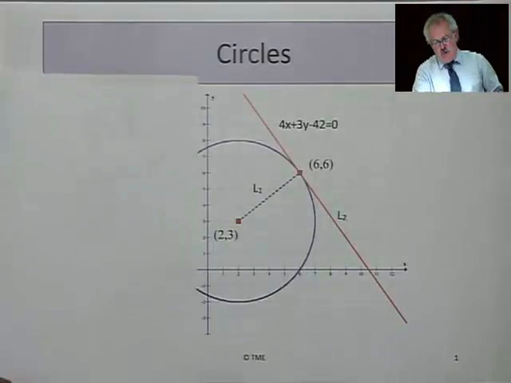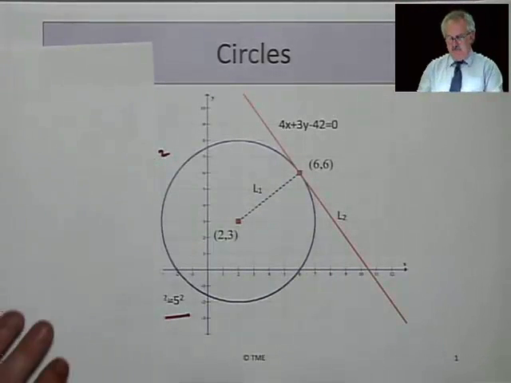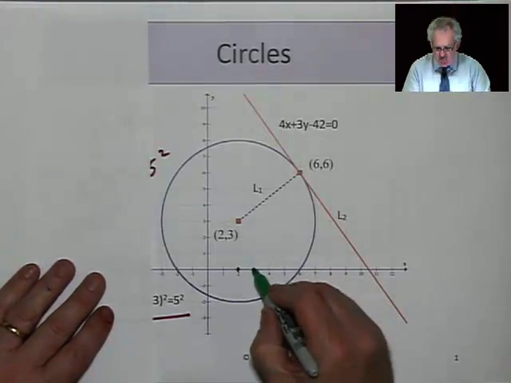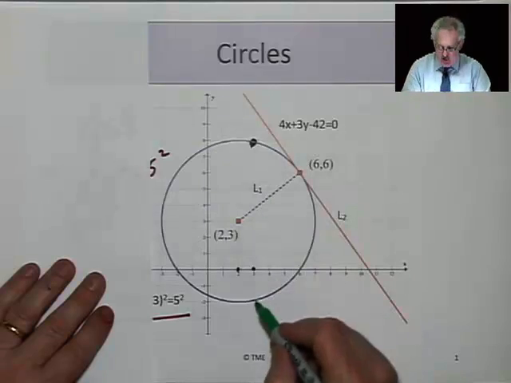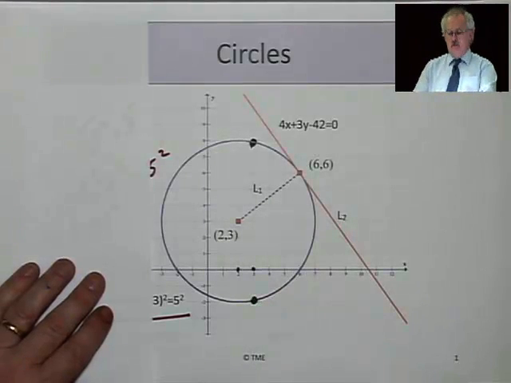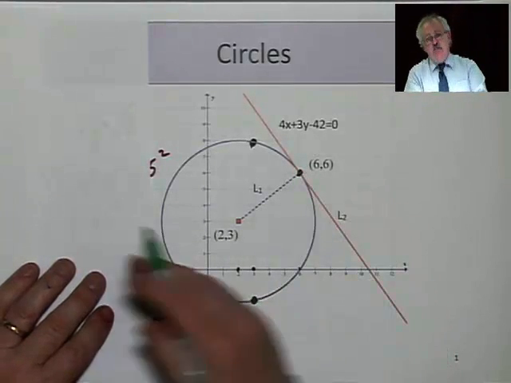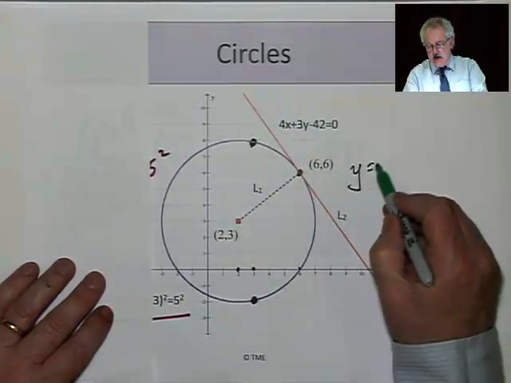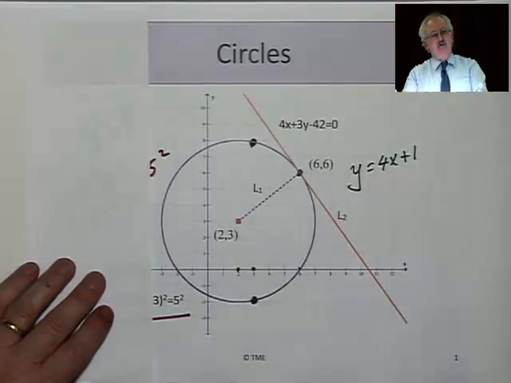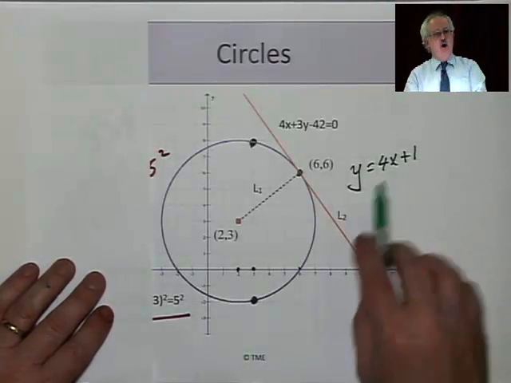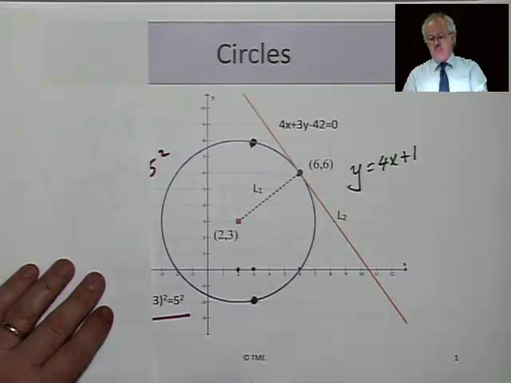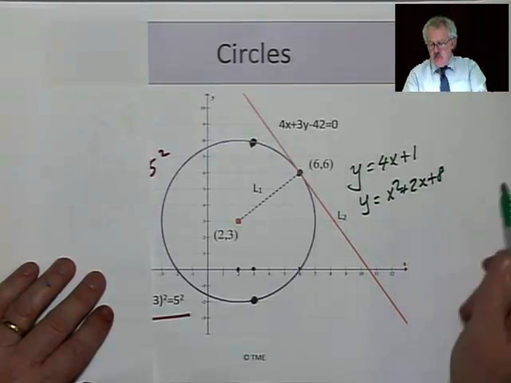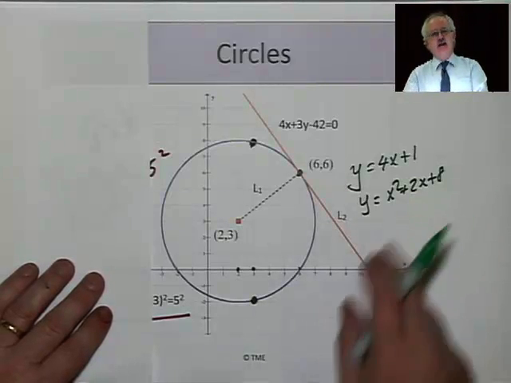And this is the only part of your course where the function, for a given x value, say 2 or 3, has a y value here and a y value here, y values in two different places. If you think about the straight line y equals 4x plus 1, that just had a single value of y for every single value of x. y equals x squared plus 2x plus 8 only had one value for any given value of x.